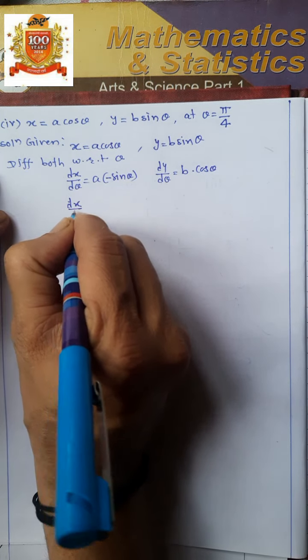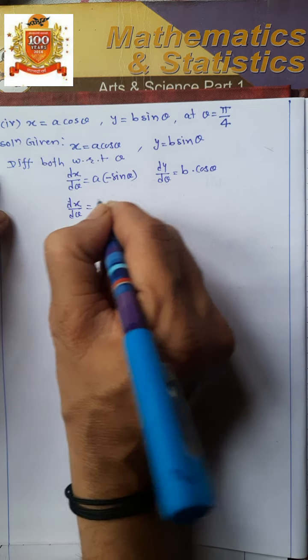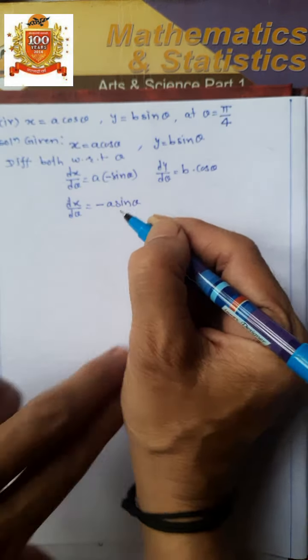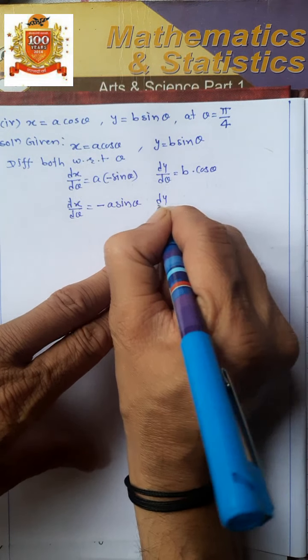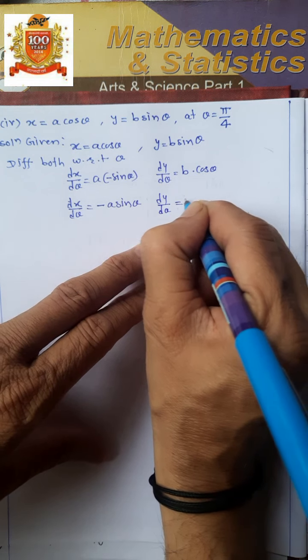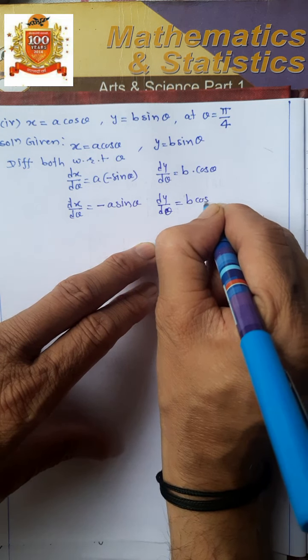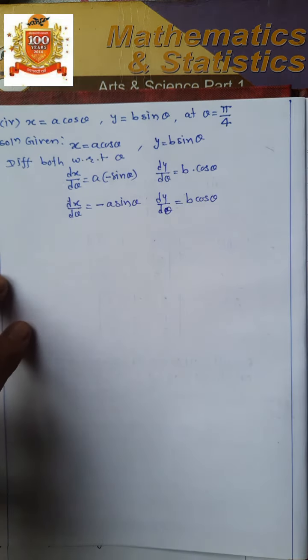Therefore, dx by d theta is equal to minus a sin theta and dy by d theta is equal to b cos theta, isn't it?